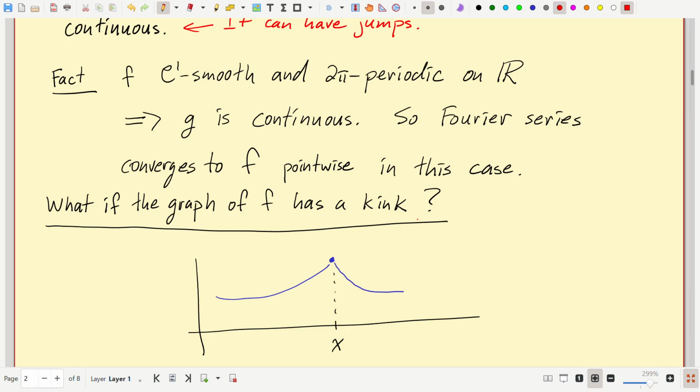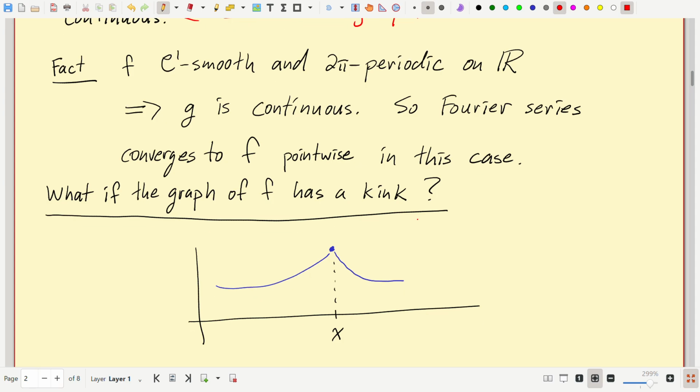The big question is, what if f has a kink, like we had in the harpsichord problem? So that means that f has a derivative from the right and the left at a kink. This is a graph of f of x. It has a right-hand derivative at x and a left-hand one.